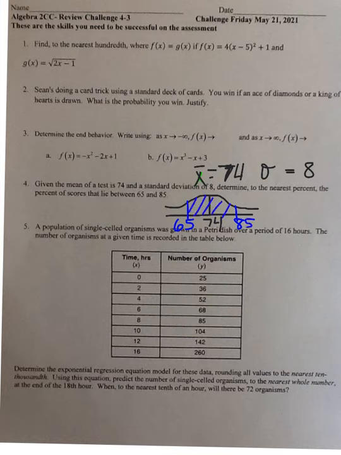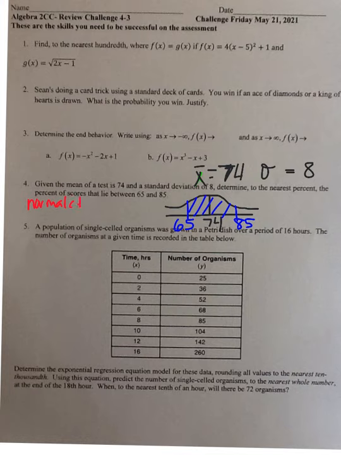So we're going to use normal CDF. You hit second vars, number 2. My lower number will be 65. My upper number will be 85. My mean is 74. That's my mu. And the standard deviation is 8. Paste it. Write down normal CDF, because remember that's what I said to do for your work.